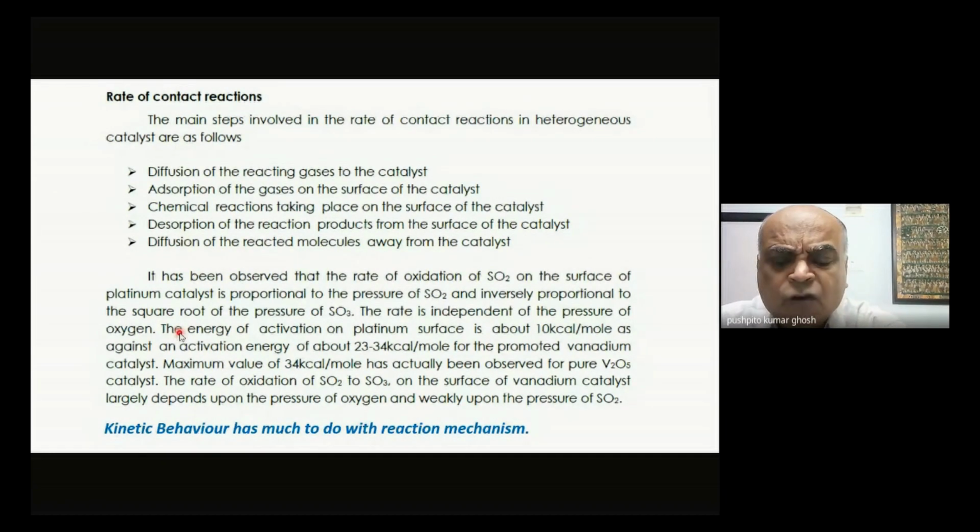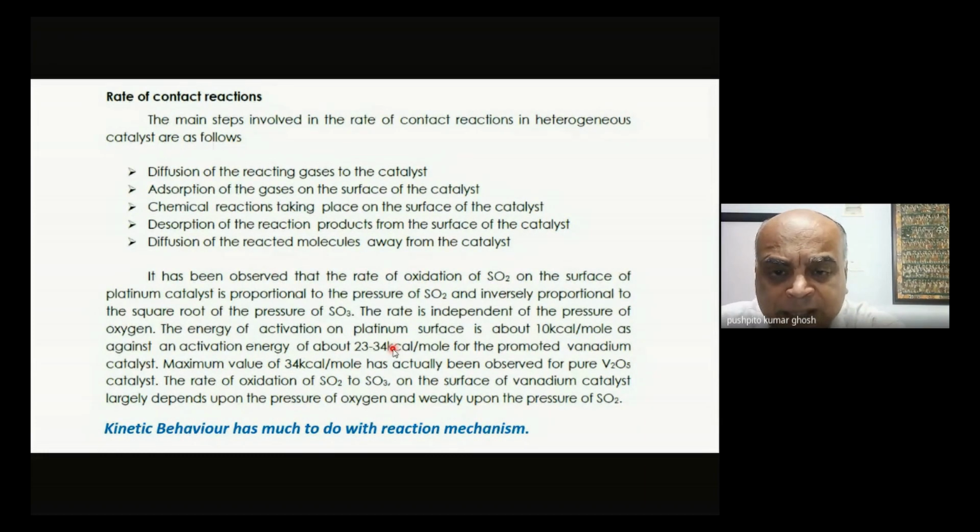Of course, you have to give oxygen to the requirement of the stoichiometry. Otherwise you're not going to get SO2 going to SO3. That stoichiometric requirement has to be met. But I don't necessarily have to have a much higher amount of oxygen hanging around there. The activation energy on platinum surface is about 10 kilocalorie per mole.